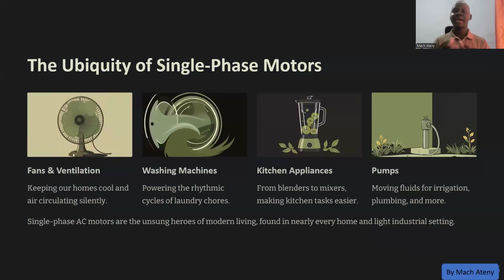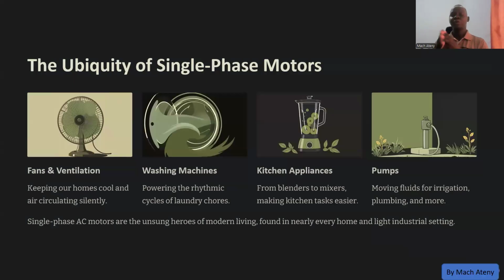How is it unique and how is it applied? So we have fan and ventilation. We know very well that the use of fan and ventilation in this modern life is to keep our homes and air circulation cold.